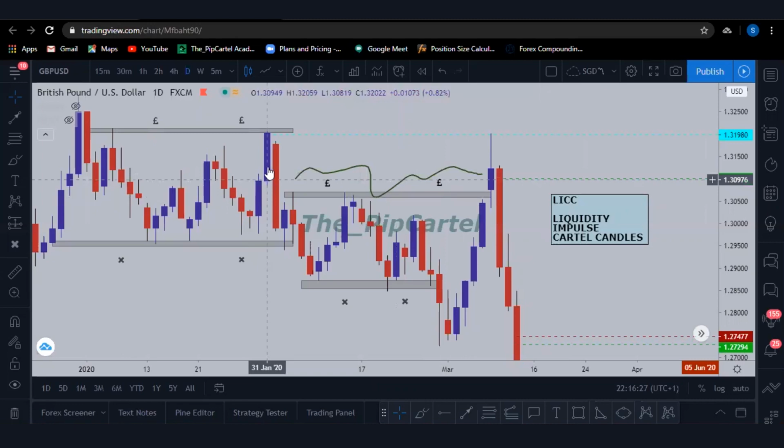You can see this last bullish candle right here, and we can see a big bearish move that engulfed the whole move. So this is a cartel candle, and whenever price gets there, that's where we want to place our pending orders and snipe from there. That's what we call sniper entries.